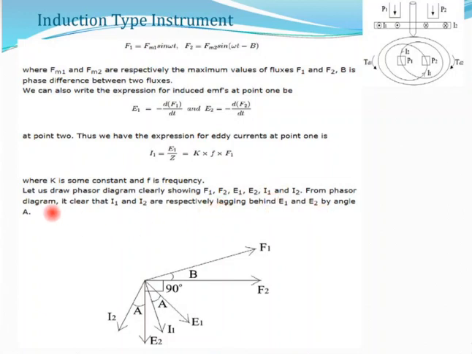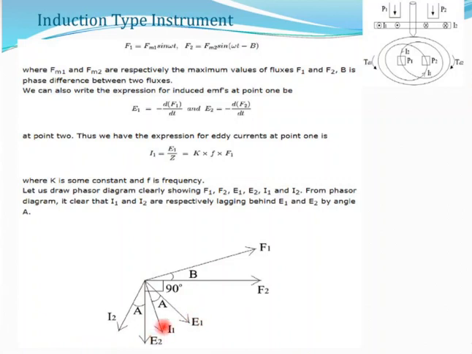From the phasor diagram, it is clear that I1 and I2 are respectively lagging behind E1 and E2 by an angle of A. This is F1, this is F2, this is E1, this is E2. E1 and E2 are lagging the currents I1 and I2, as shown in this phasor diagram. This is the 90-degree phase angle.